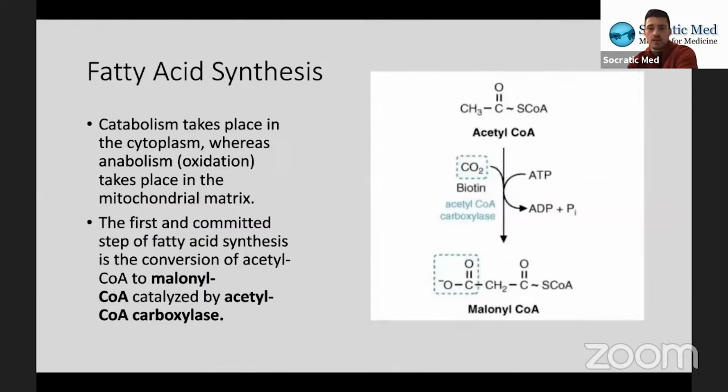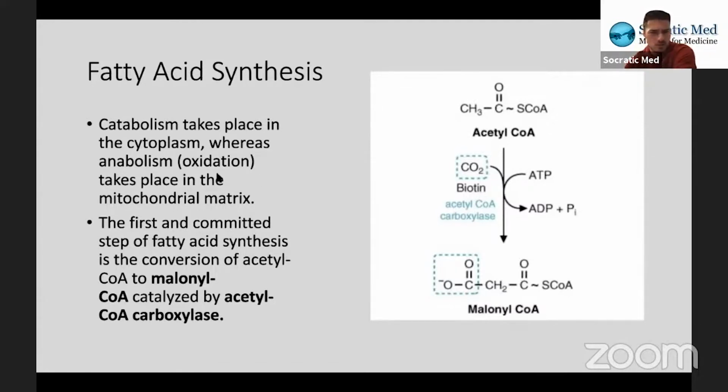Okay, so we talked about oxidation, which was the catabolic process. So now we're going to talk about fatty acid synthesis really quickly. So catabolism takes place in the cytoplasm. The oxidation is a form of catabolism. It's fatty acid catabolism. But oxidation, the anabolism synthesis, takes place in the mitochondrial matrix.